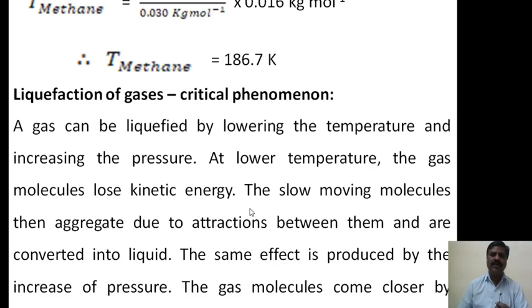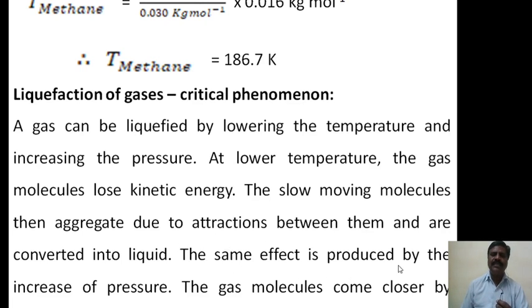As the temperature decreases and the pressure increases, the molecules come close to each other, and lowering the temperature means the kinetic energy is lost, and the molecules combine with each other to form a liquid. Therefore, the gas molecules are converted into liquid.